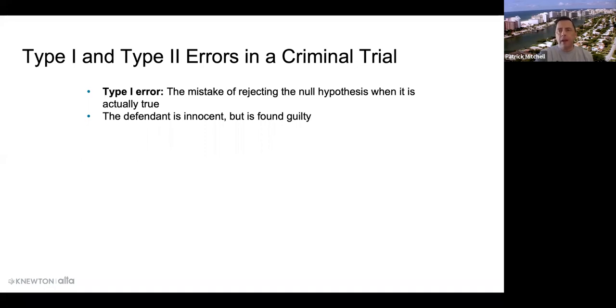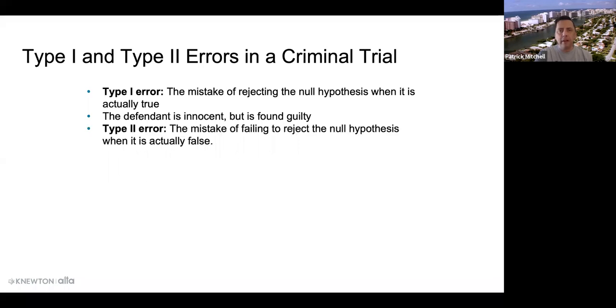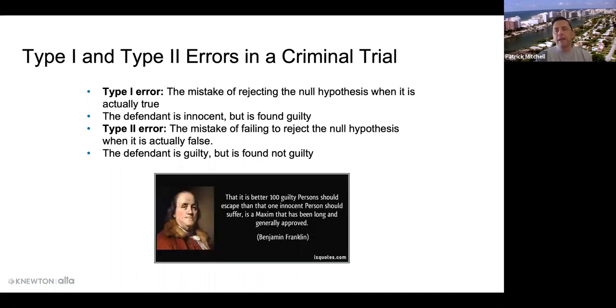I have a little image that's going to come up here in a minute that kind of goes to that. However, a type 2 error is the mistake of failing to reject the null hypothesis when the null hypothesis is actually false. And that means that the defendant is guilty, but is found not guilty. So Benjamin Franklin said that it is better 100 guilty persons should escape than that one innocent person should suffer, is a maxim that has been long and generally approved.